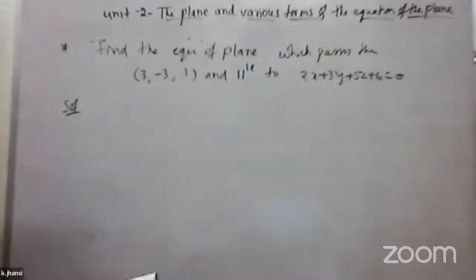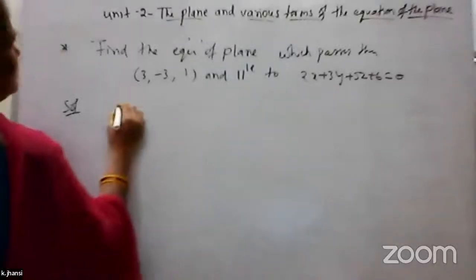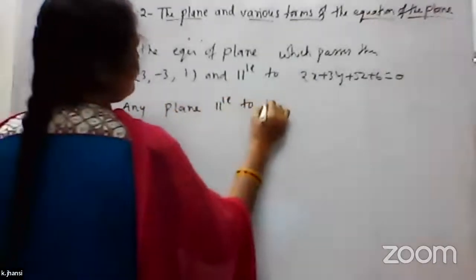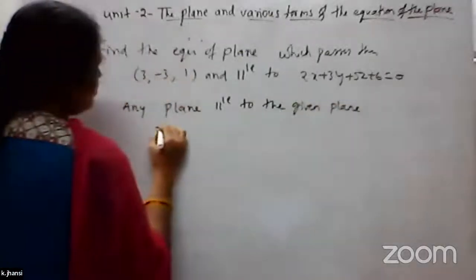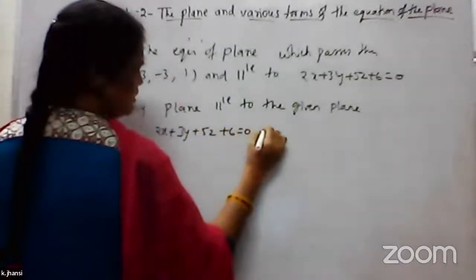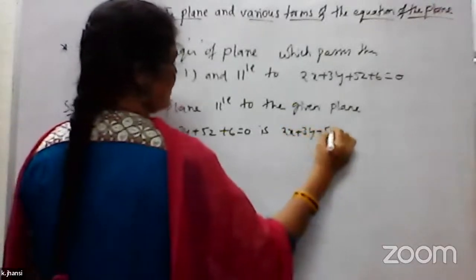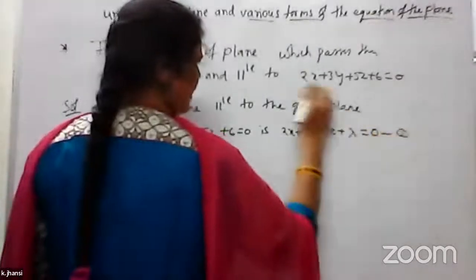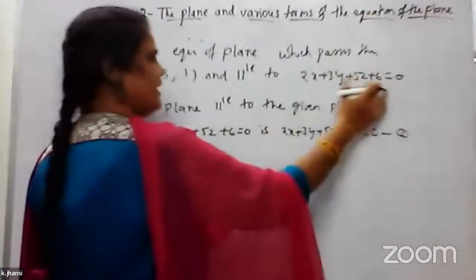So for finding the parallel plane to this one, any plane parallel to the given plane will be of the form: given plane 2x plus 3y plus 5z plus 6 equals 0, the formula is 2x plus 3y plus 5z plus lambda equals 0. The A, B, C values will be the same, only the D value differs.